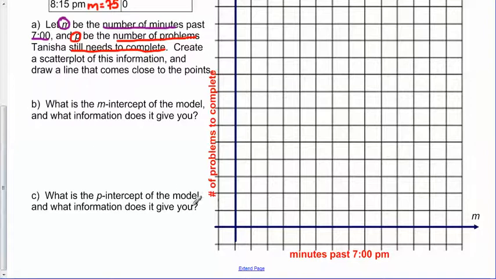So I'm going to scale by tens. So here's 10, 20, 30, 40, 50, 60, 70, 80, and I'll go out to 100, even though we know the highest value that we're going to have to plot is 75. Okay, so there's going by tens.